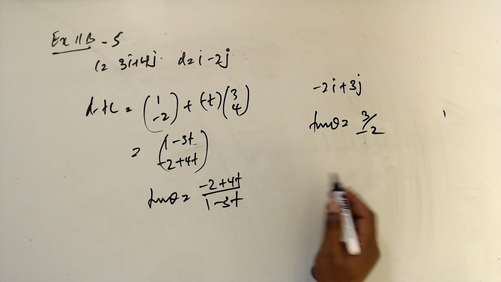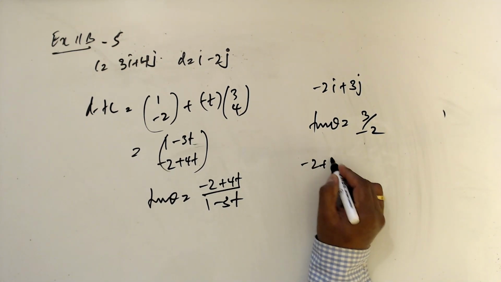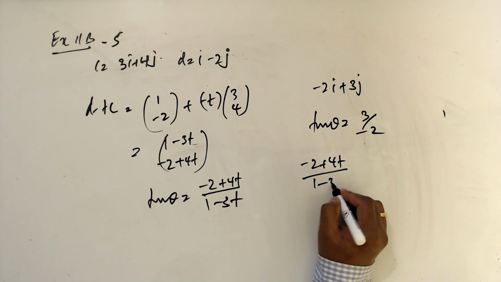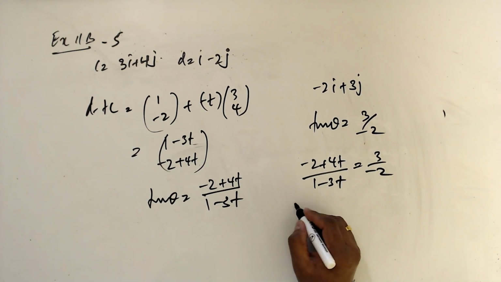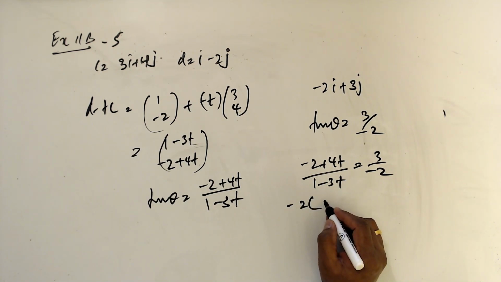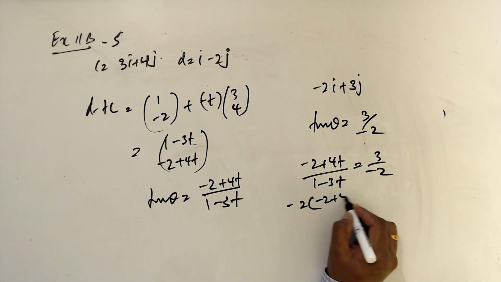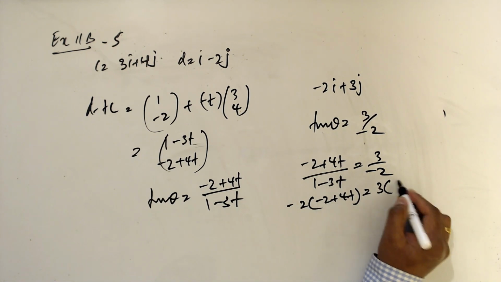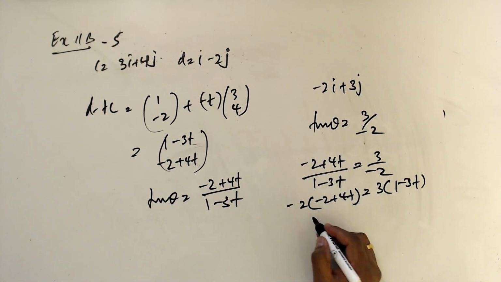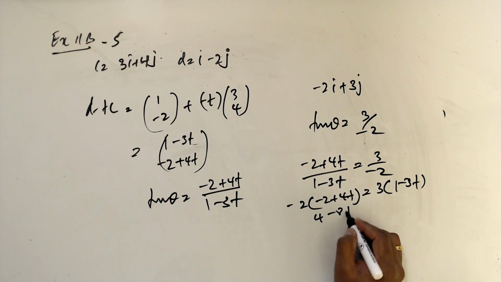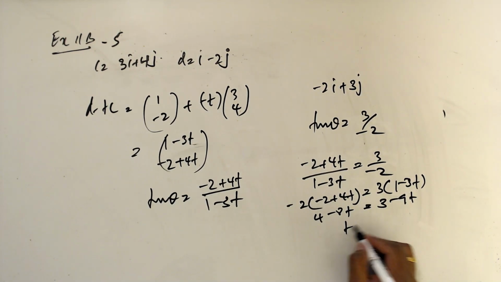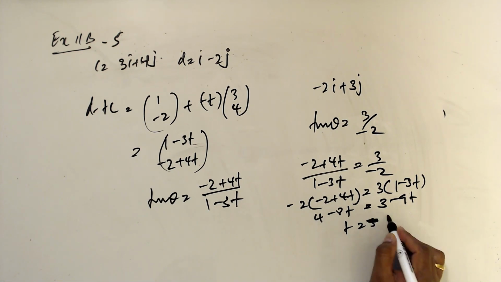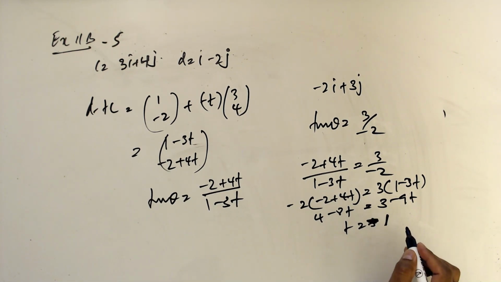So then they should be equal. Cross multiply: minus 2 times 3 times 1 minus 3t. This is 4 minus 8t equals 3 minus 9t. So t equals minus 1. Something wrong?